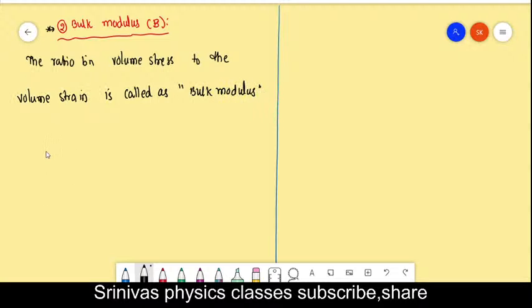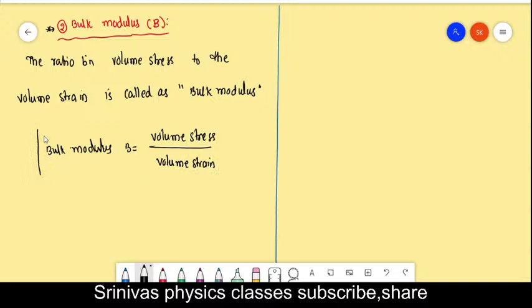The bulk modulus formula is volume stress by volume strain.